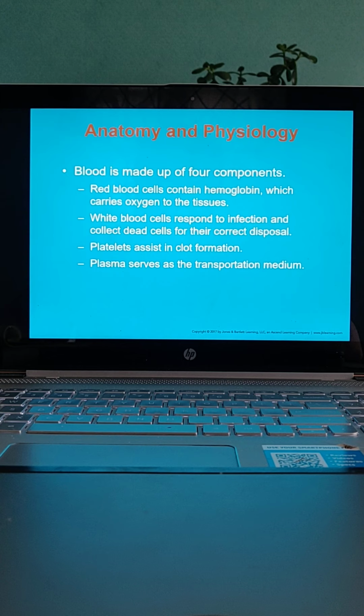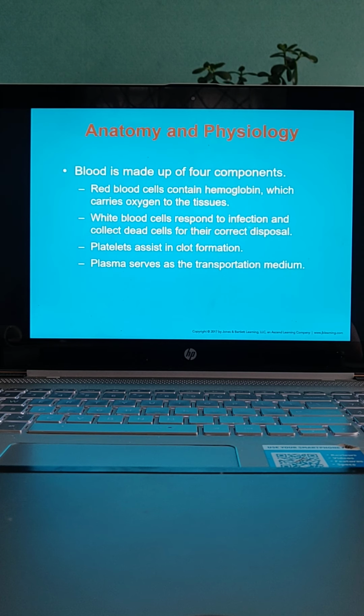White blood cells take up about 0.1 to 0.2% of our blood volume. Now, red blood cells are also known as erythrocytes, and white blood cells are also known as leukocytes. So you've got red blood cells, which are erythrocytes, white blood cells that are also called leukocytes, plasma, and platelets.